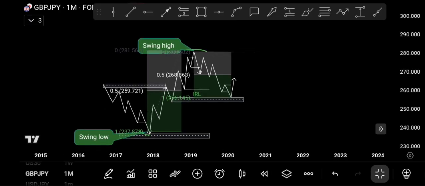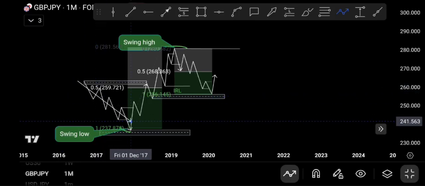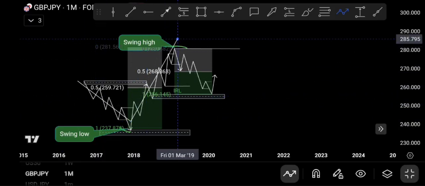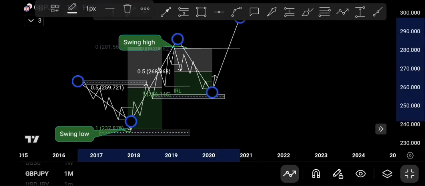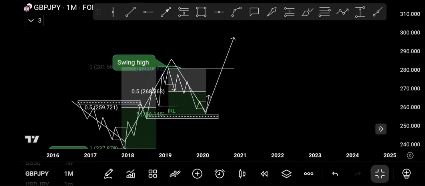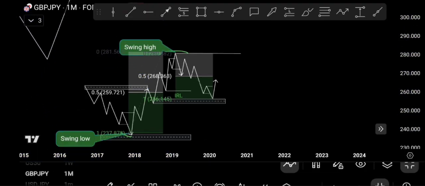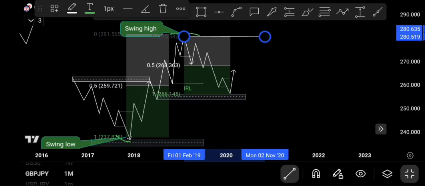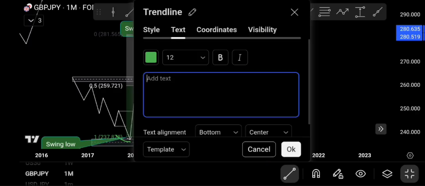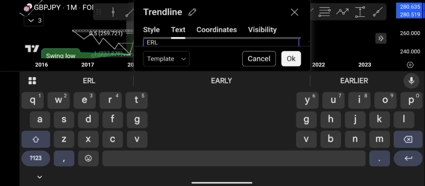This is what price is doing: break of structure, pull back on our break of structure. This is what we are expecting. We're expecting price to take out our external range liquidity, ERL.